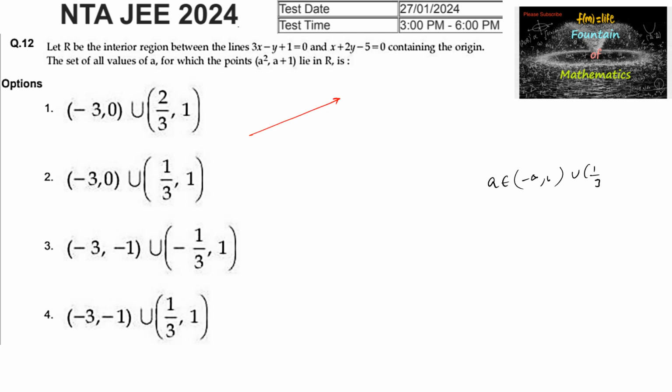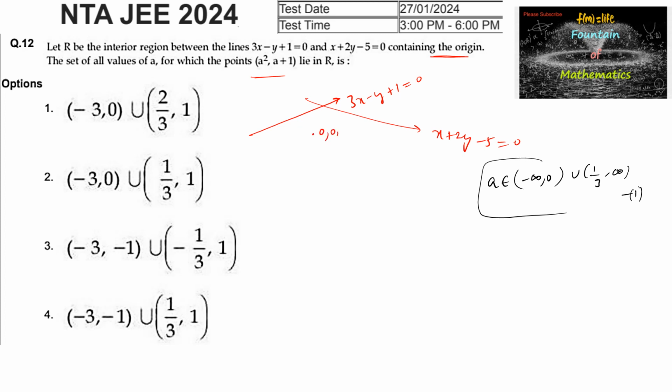Let capital R be the interior region between the lines 3x minus y plus 1 equals 0 and x plus 2y minus 5 equals 0 containing the origin. The set of all values of a for which the point (a square, a plus 1) lies in R. So it is given 3x minus y plus 1 equals 0, and there is one more line x plus 2y minus 5 equals 0.